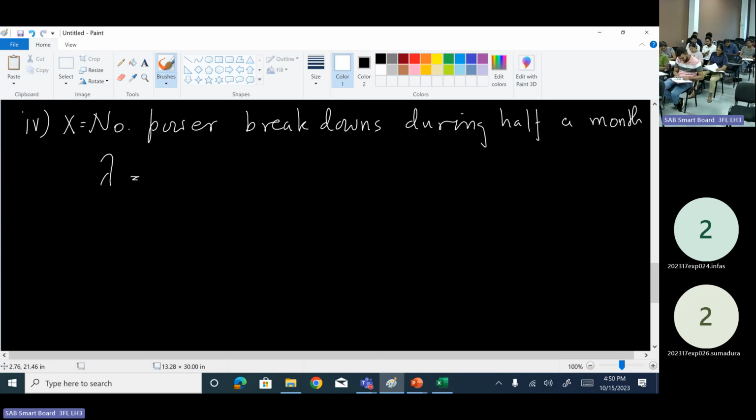The lambda value, right? Per year it is 30, and for half a month you have to divide by 24. Or maybe the per month rate we have calculated as 2.5, so that 2.5 you divide by 2 and you also get the same, right? So 30 divided by 24 is 1.25.